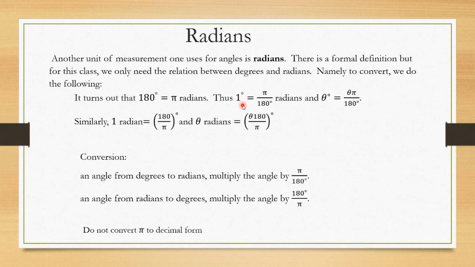1 degree, okay? So from here you get 1 degree is pi over 180 radians. Excuse me, pi radians over 180 degrees. That's better. Okay. And theta degrees then turns out to be theta times pi over 180 degrees.